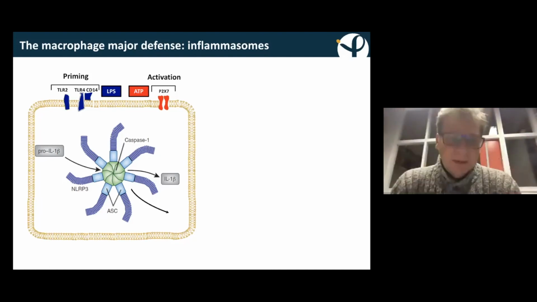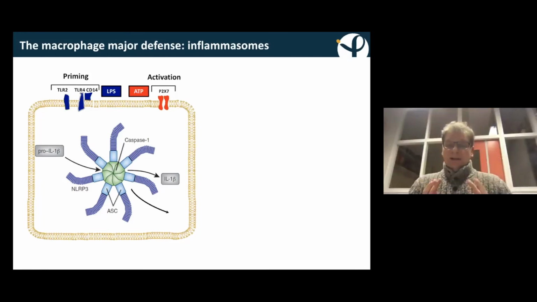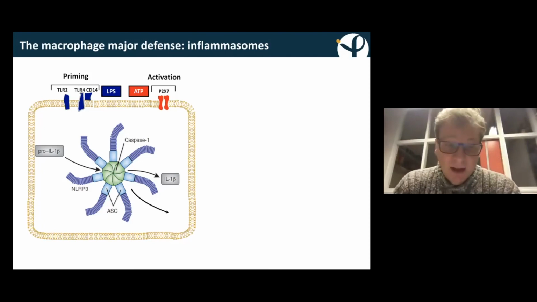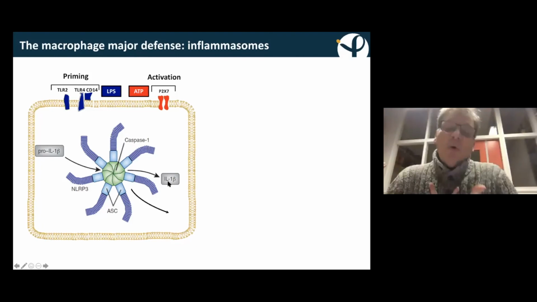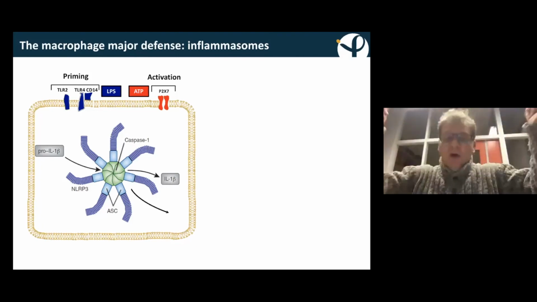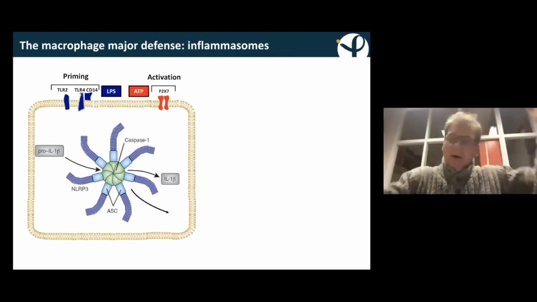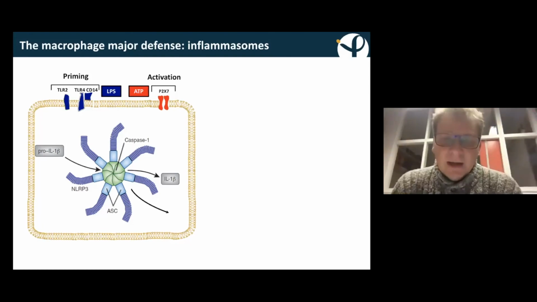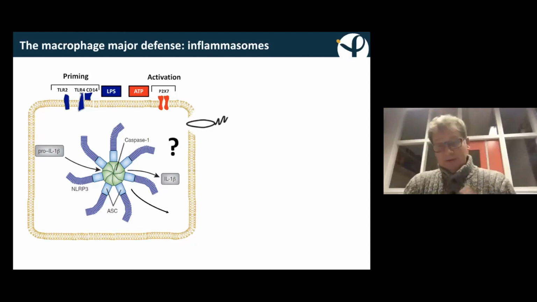It's beautiful. It really looks like this machine. And this machine is called the inflammasome because it induces inflammation. It allows the production of a hormone, I want to call it, a cytokine, that turns on the immune system to be antimicrobial and inflammatory. It's called IL-1B.